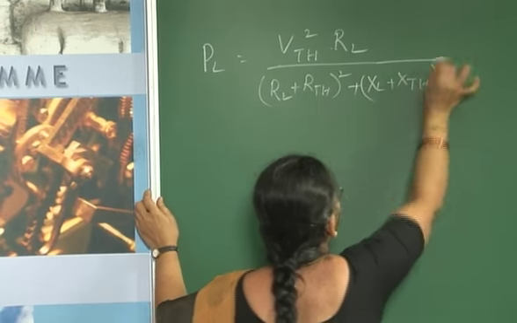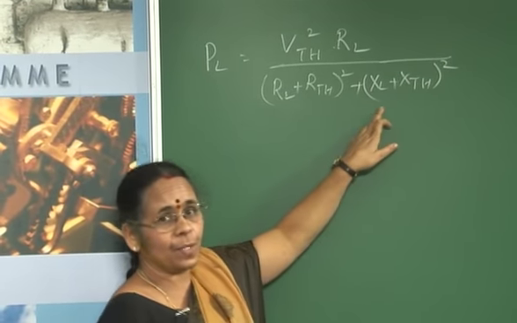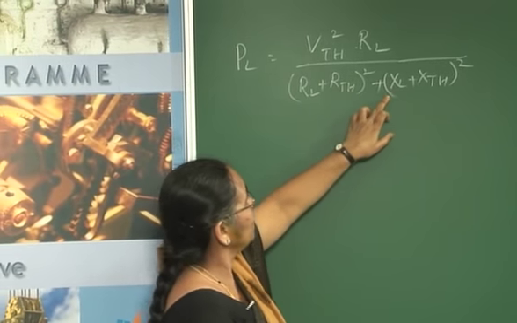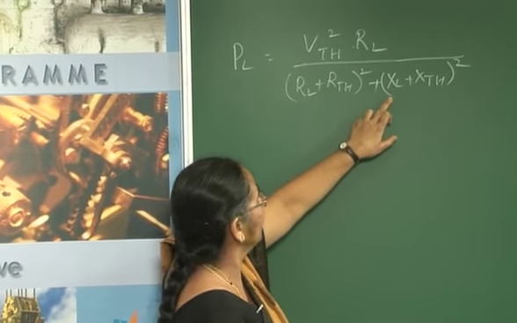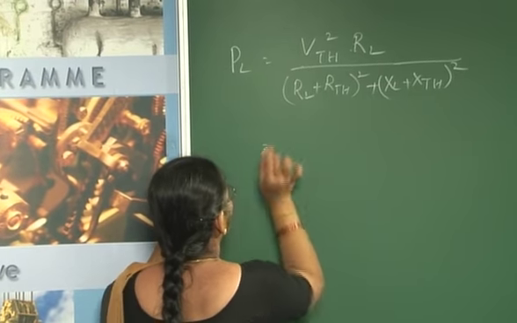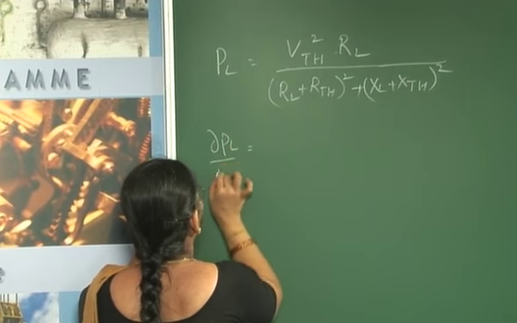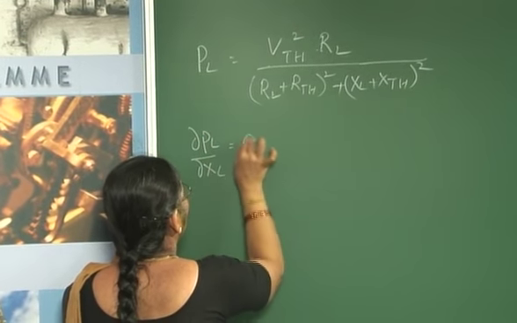This is the expression we have. Now we have to differentiate this with respect to XL. So dou PL by dou XL should be equal to 0.